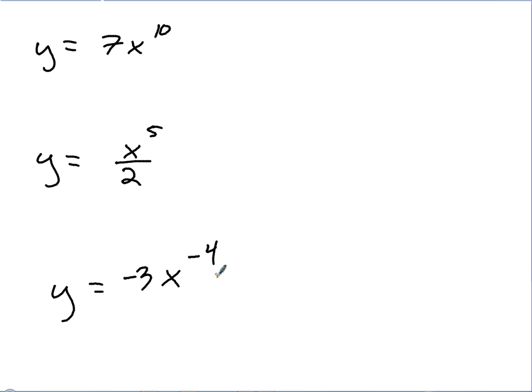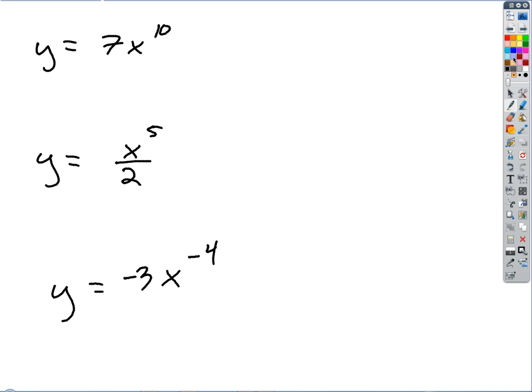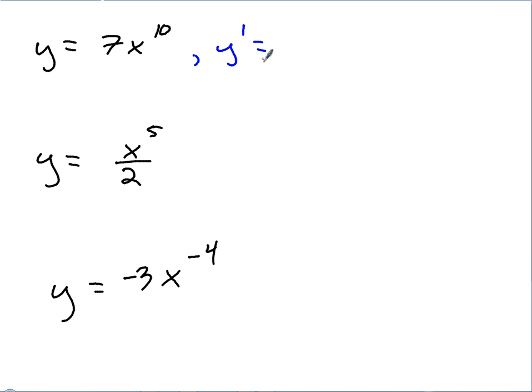So what do you think about that first one? Yeah. So I'm going to bring the 10 down front. 10 times 7 equals 70. X to the, good, done. Perfect. How about this one? 225. Good.